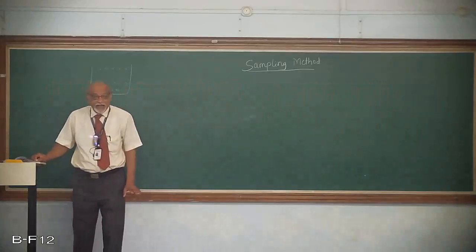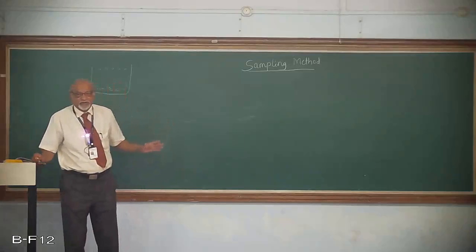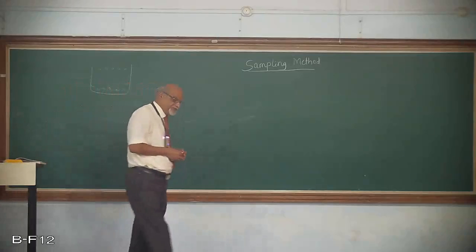I told you that each article should have an equal probability of being selected as a sample, because if all items are selected, it becomes 100% inspection.